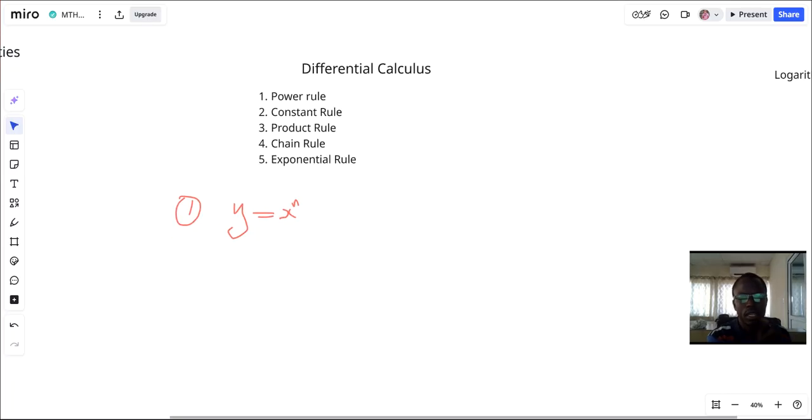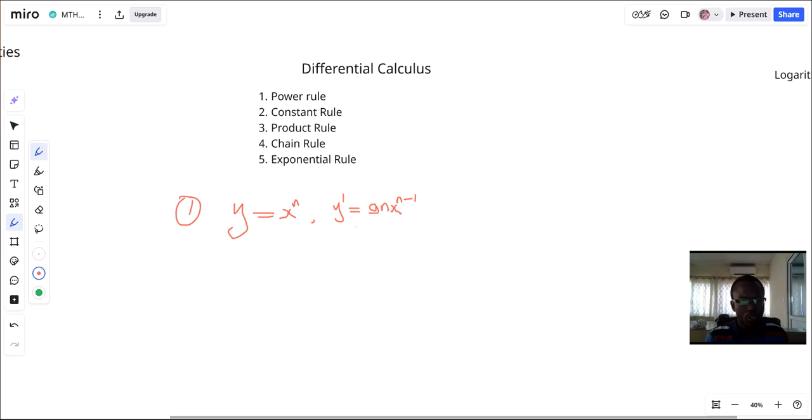If you have a function, let's say y equals x power n, and you are asked to find the derivative of this function, there is a rule in calculus that says if y equals a x power n, then the derivative y prime, the first derivative of that function, equals a n x power n minus 1, where a is the coefficient of x, n is the power, and x is the variable you are differentiating.